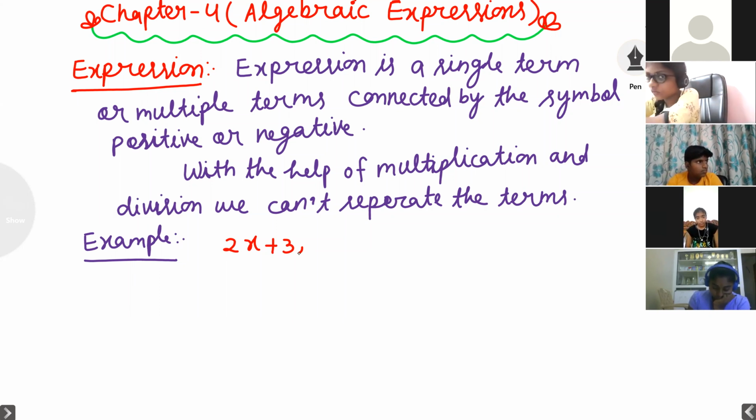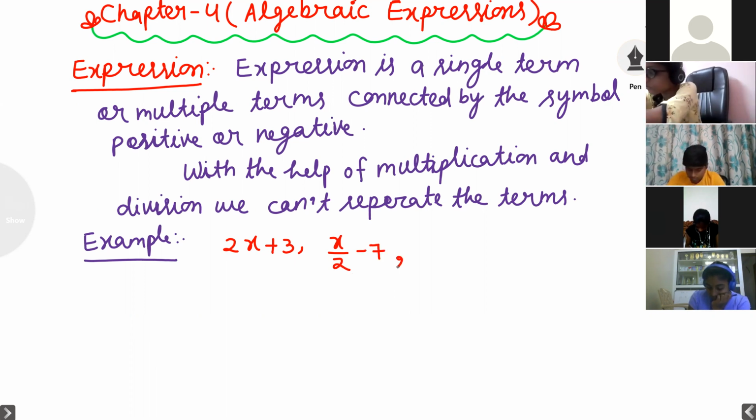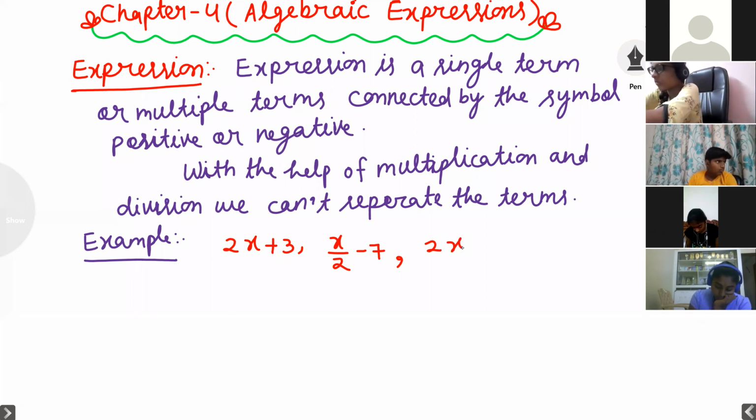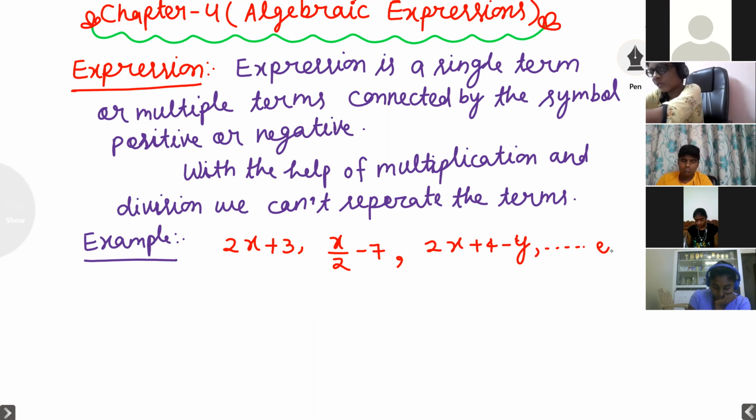I am connecting by using symbol positive or negative. x by 2 minus 7, 2x plus 4 minus y, etc.